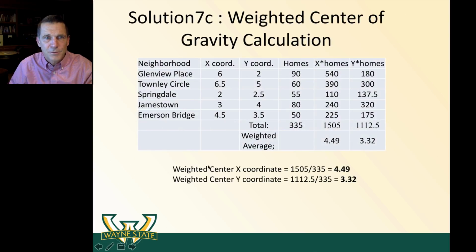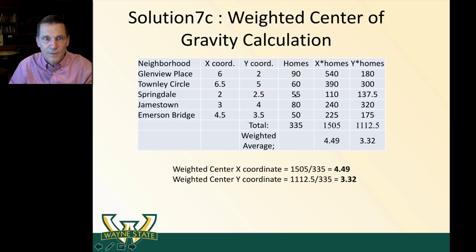Okay, so here's a simple spreadsheet to show how you could do this in Excel. That's how I did it. Take your X coordinates, your neighborhoods, your Y coordinates, your number of homes, and multiply across. 6 times 90 is 540, right? 6.5 times 60 is 390.